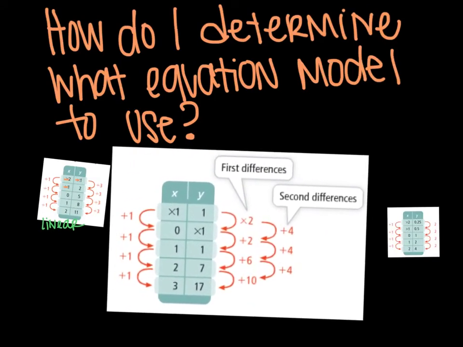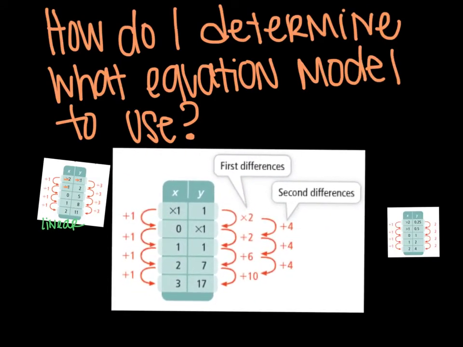Here we have first differences listed here, and you don't really see a pattern as you go. First it's minusing by 1, then adding 2, then adding 6, then adding 10. Not too much of a pattern. But if you go one more difference further, you can see going from -2 to 2 is 4, 2 to 6 is 4, and 6 to 10 is 4.